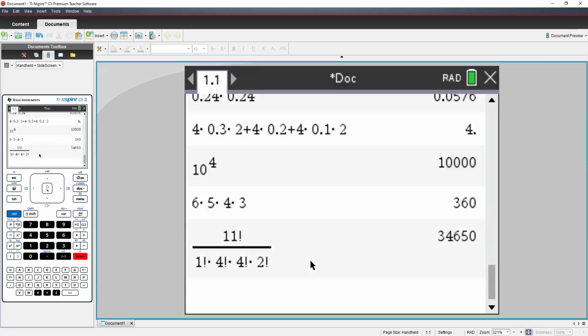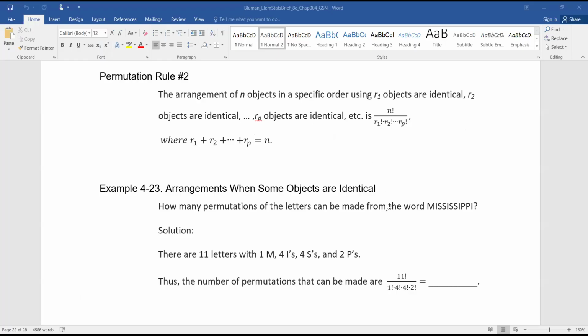So let's switch back. I would get a total of 34,650 different combinations of rearranging the word Mississippi where order matters. So again, meaning if I use one letter, I can't use it again.